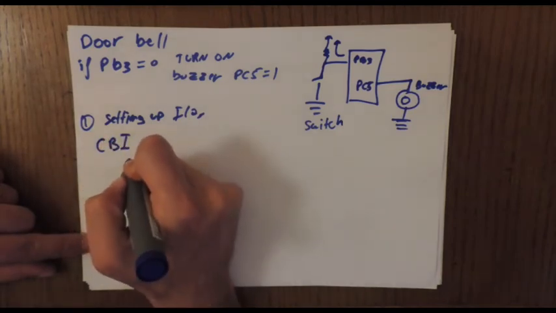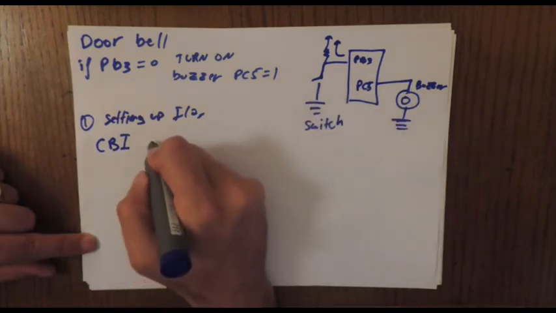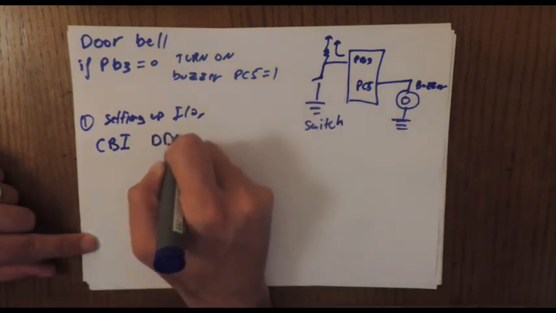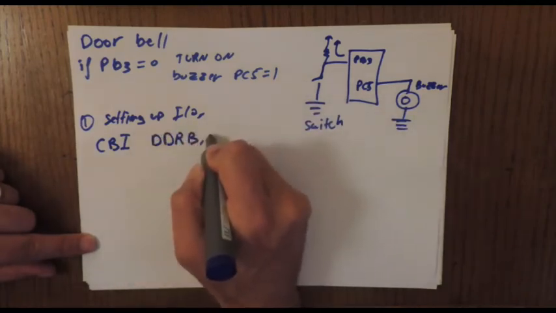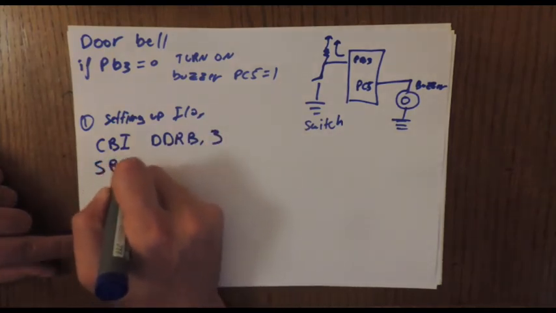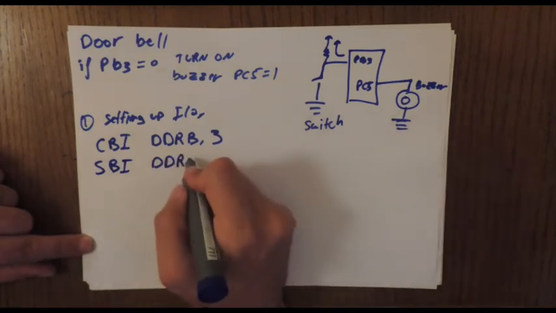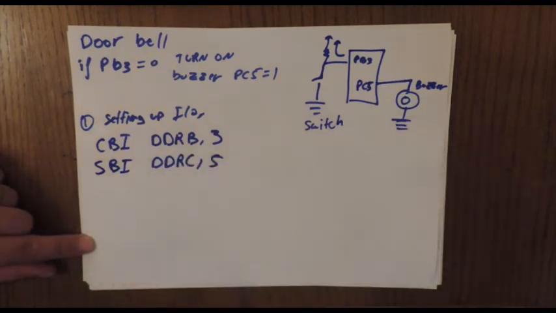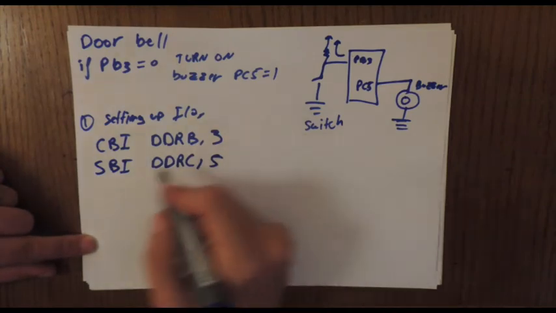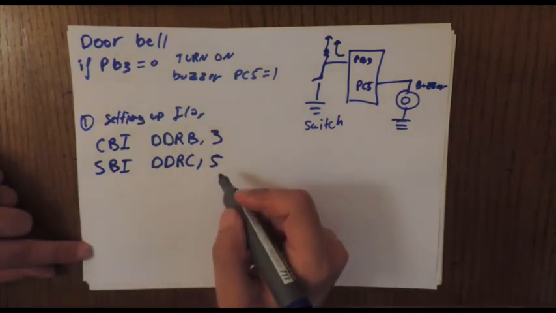Here we are clearing, so we need to configure pin B, in this case DDRB, comma 3 as input, and we're gonna set pin C5, which is DDRC, as output. So here we finish configuring the inputs and outputs.